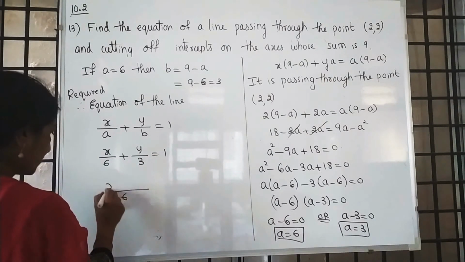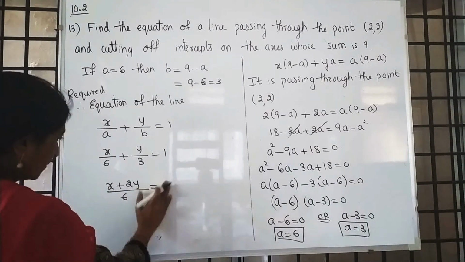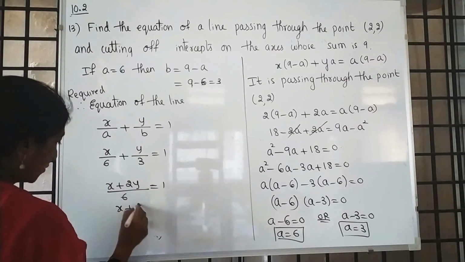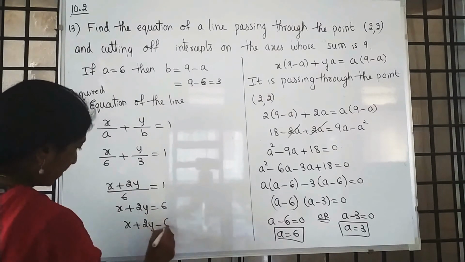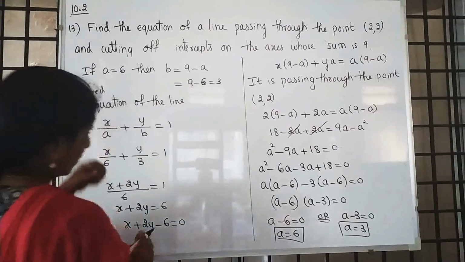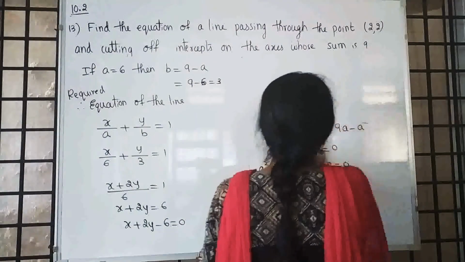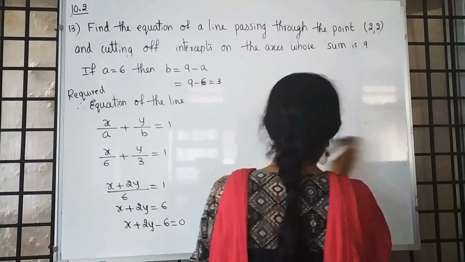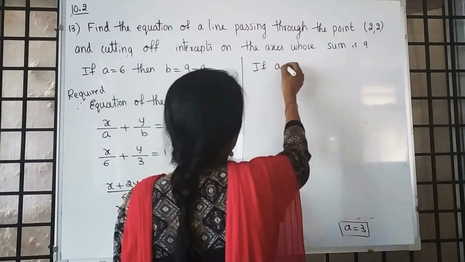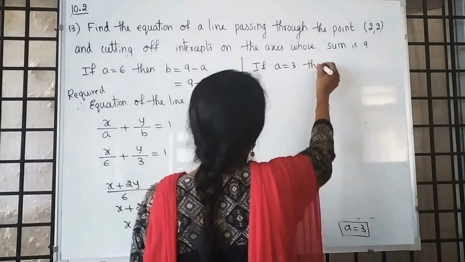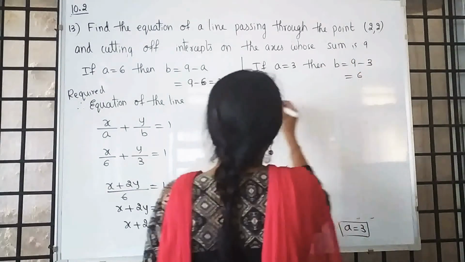LCM is 6. x plus 2y is equal to 6, or x plus 2y minus 6 is equal to 0. One more is there. If a is equal to 3, write down that also. If a is equal to 3, then b is equal to 9 minus 3, 6.